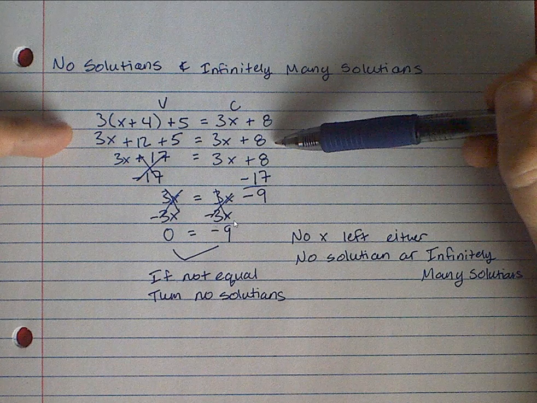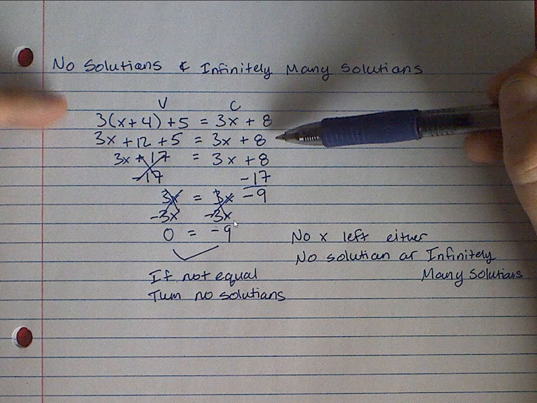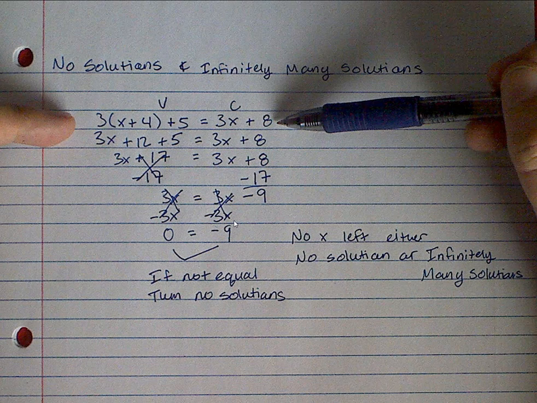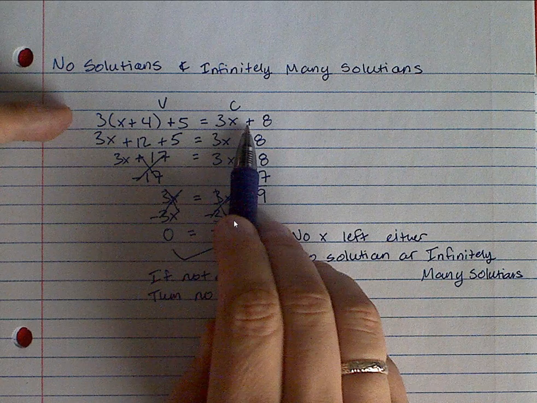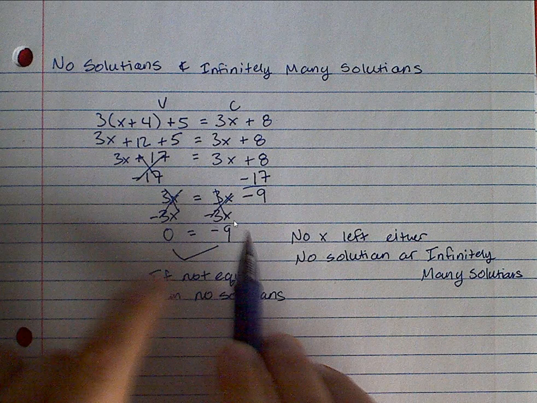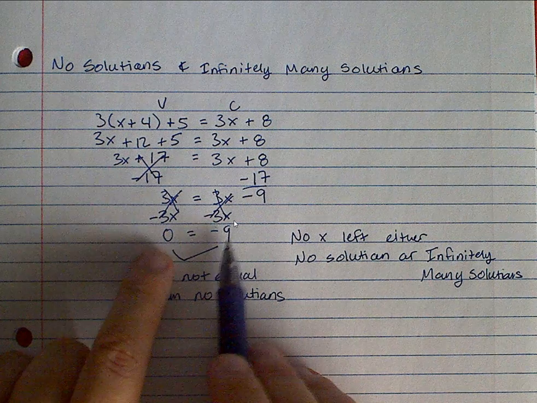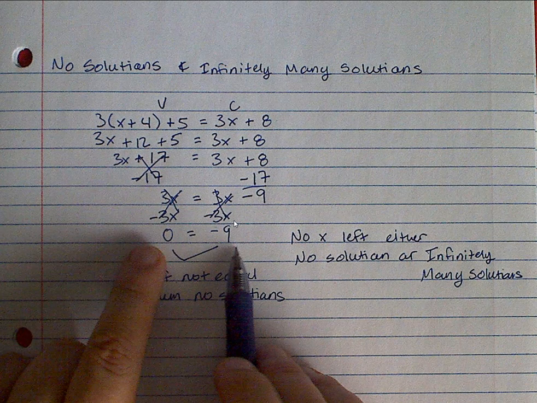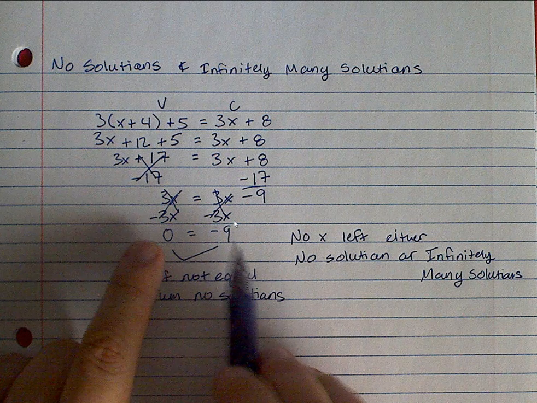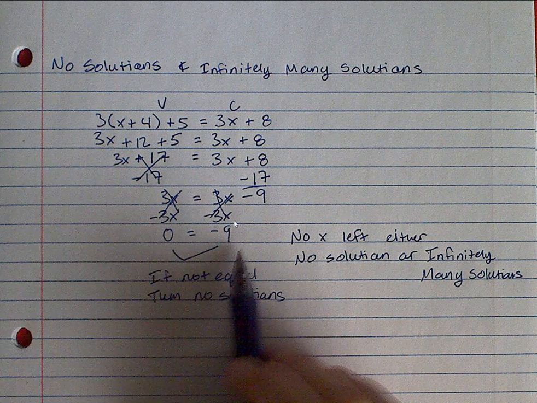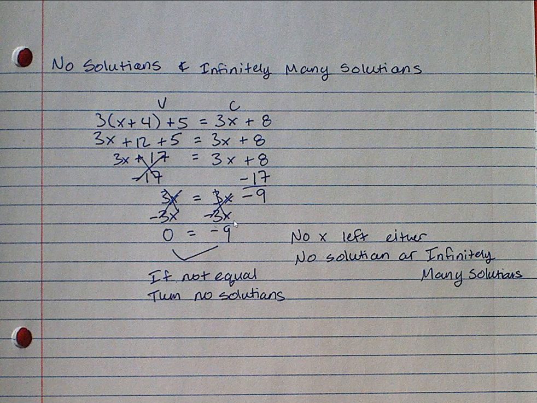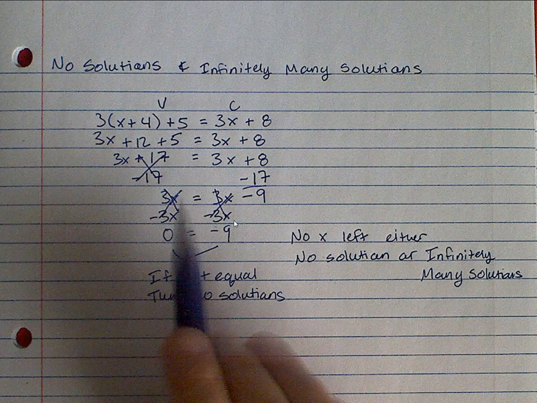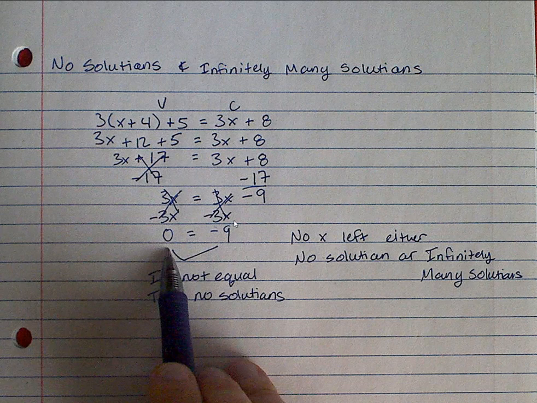The second line, the third line, there's nowhere along the line. There's no number I can put in for x up here that's going to make the left-hand side balance with the right-hand side. And the reason why that's true is there's nothing I can do to make 0 be equal to negative 9. There's no number I can pick for x to make 0 be equal to negative 9. Kinda, sorta. There's no x value that's going to make the left-hand side be equal to the right-hand side.